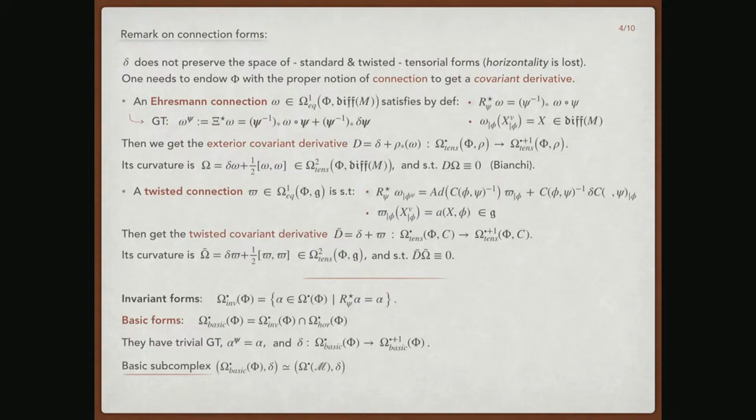The basic subcomplex is super interesting because it is isomorphic to the de Rham complex of the base manifold. Remember, in that context, the base manifold, the moduli space, is the one containing the degrees of freedom of the theory, because M is the space of orbits, the space of physical degrees of freedom. So this is the space that physically we are interested in.